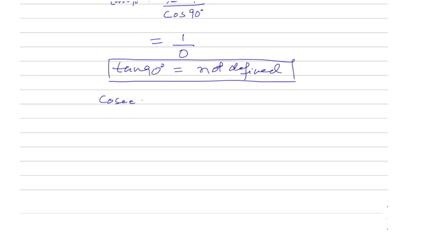So tan 90 is not defined. And cosec 90 is equal to 1 upon sin 90, and sin 90 is 1. Therefore cosec 90 is equal to 1 upon 1, that is equal to 1.